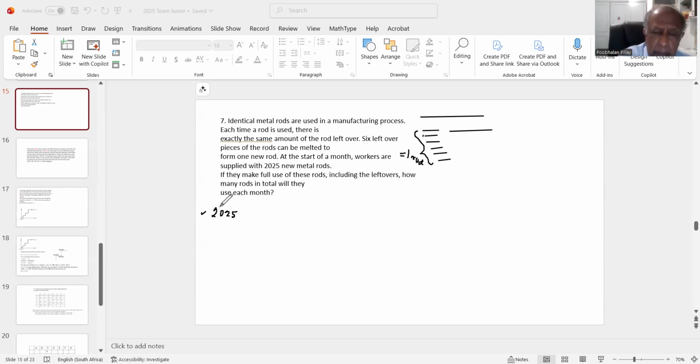Now, how many rods are left over? Well, this gives you 2,025 leftover pieces. The 6 of these will give you a new rod. So let's divide this by 6.